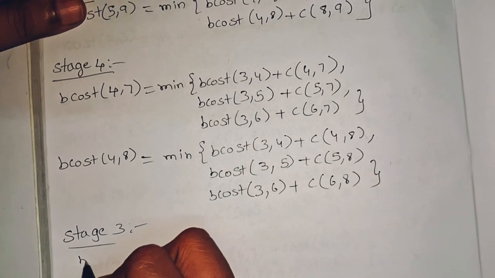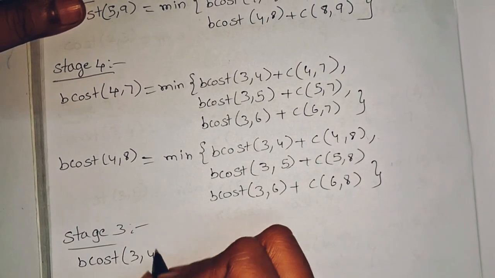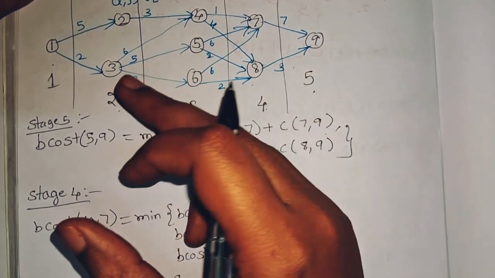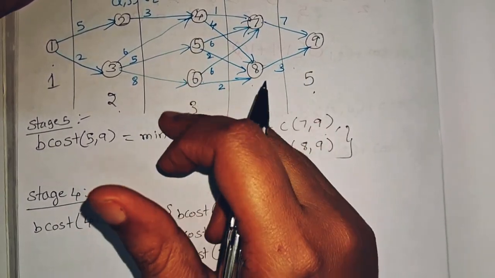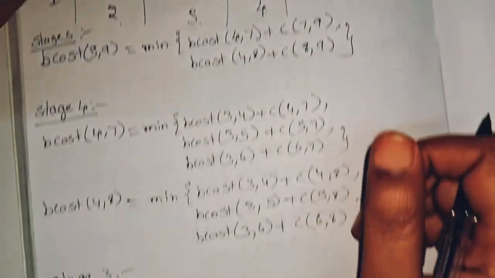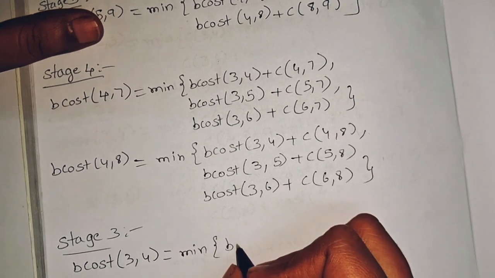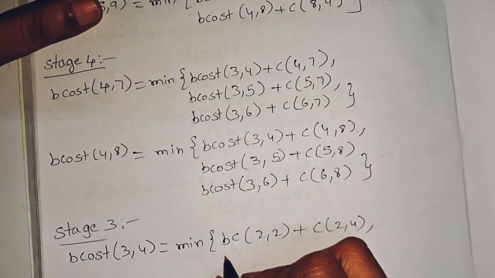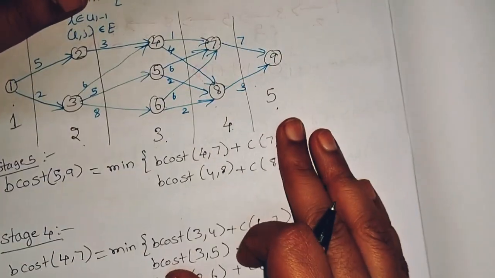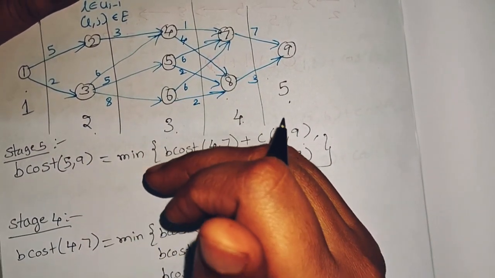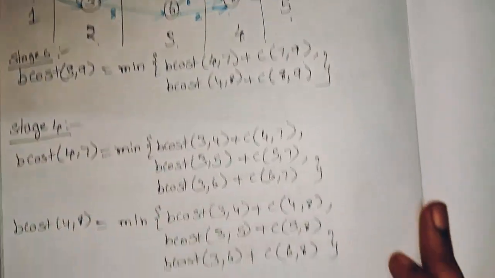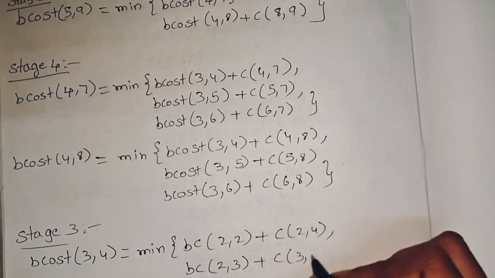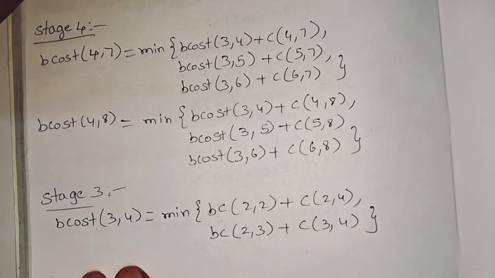Now we will find the b cost of 3 comma 4, which equals the minimum of backward cost of 2 comma 2 plus c of 2 comma 4, and the next node connected to 4 is 3, so b cost of 2 comma 3 plus c of 3 comma 4. This is the backward cost of 3 comma 4.